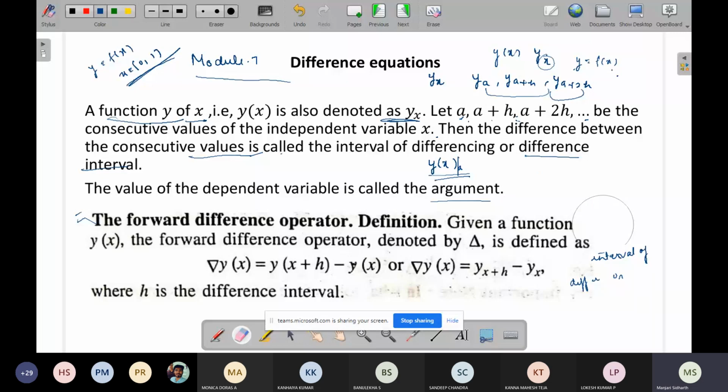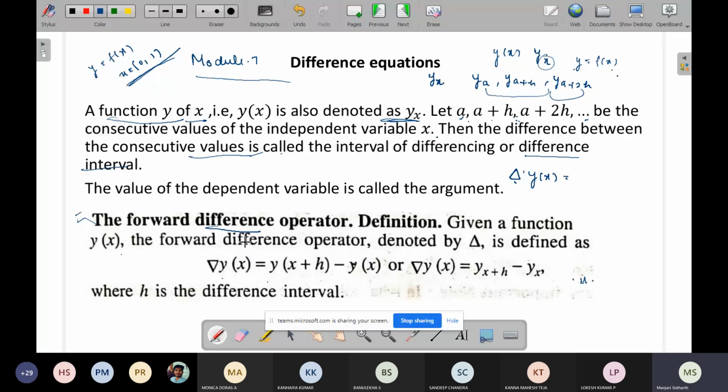Forward difference operator definition: given a function yx, the forward difference operator denoted by this is defined as this. This is the notation of the operator on yx. What we do here, because it is the difference operator, right, means we are finding the difference of y at some different arguments.